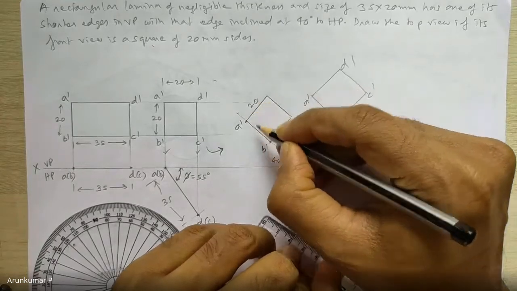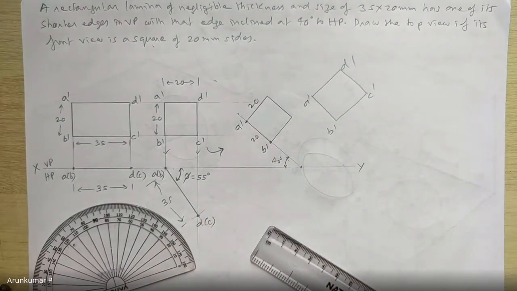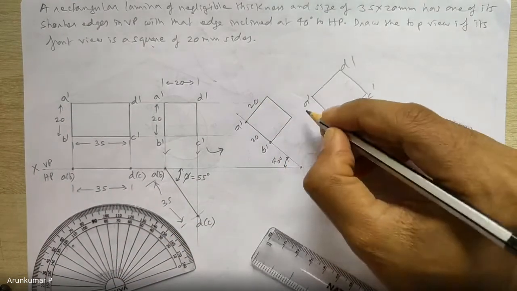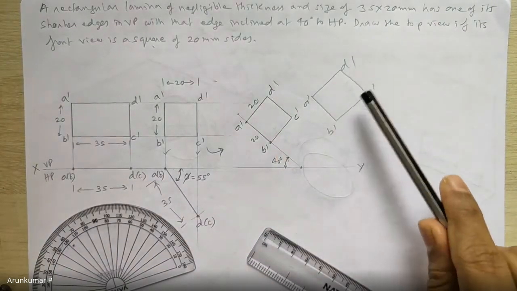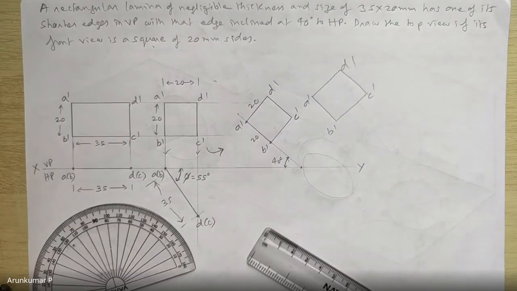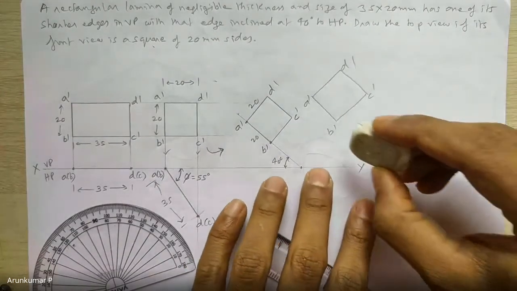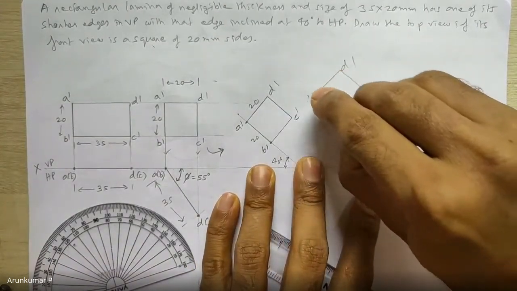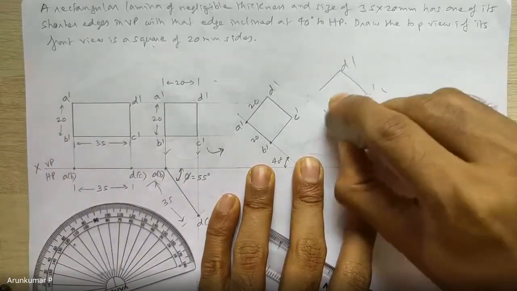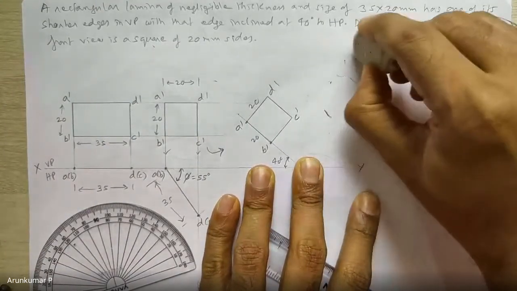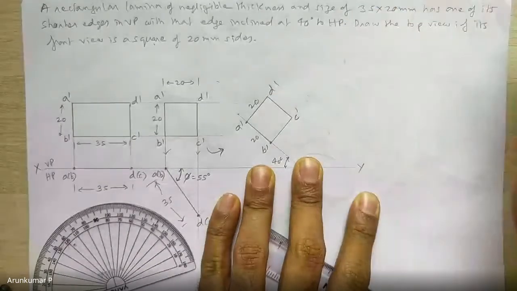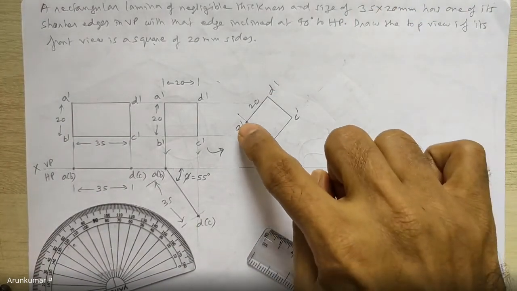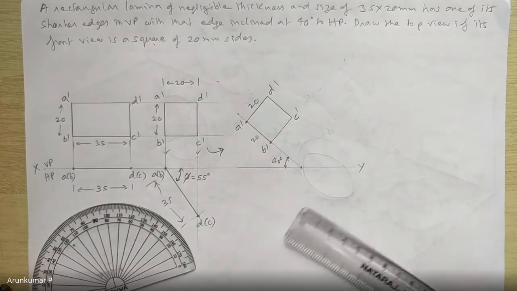So you have 20 by 20. So A dash, B dash, C dash and D dash. So you have ensured that the edge AB or A dash, B dash in the front view is inclined at 40 degrees to HP.